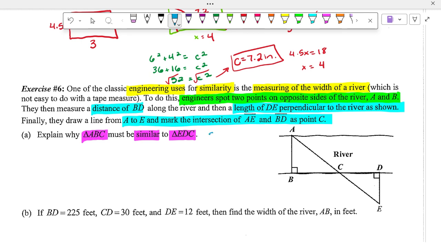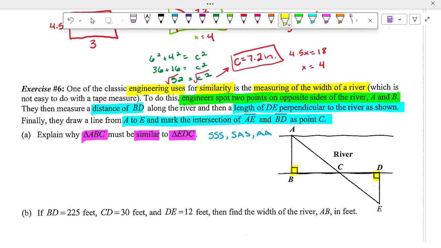So remember, we can either do this by side, side, angle, or angle, angle. Which postulate makes the most sense to do? Angle, angle.